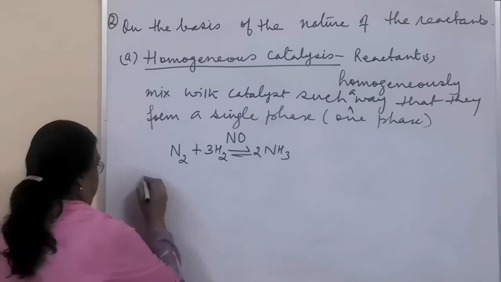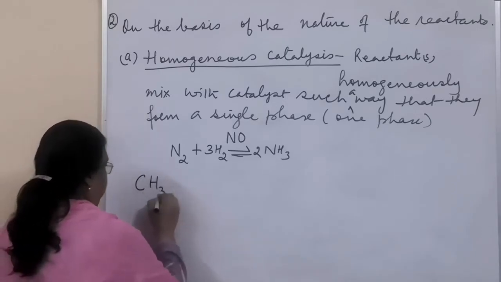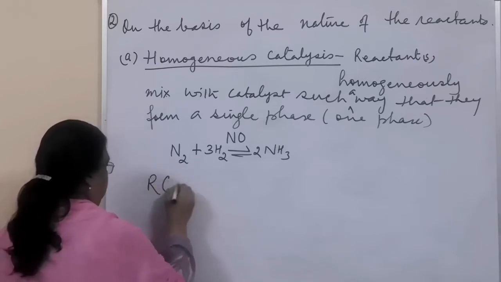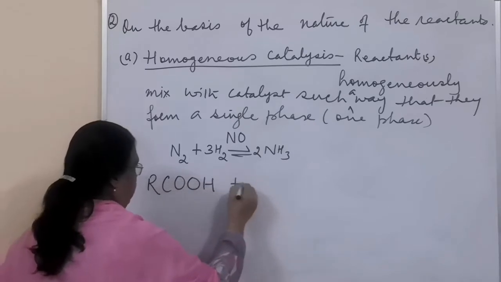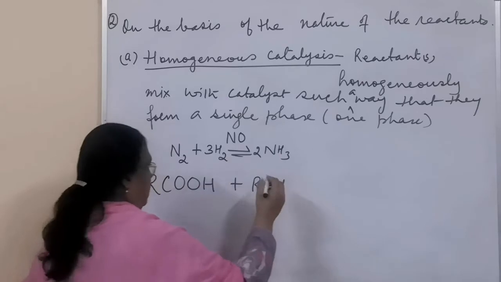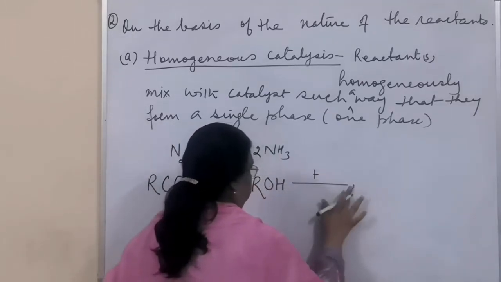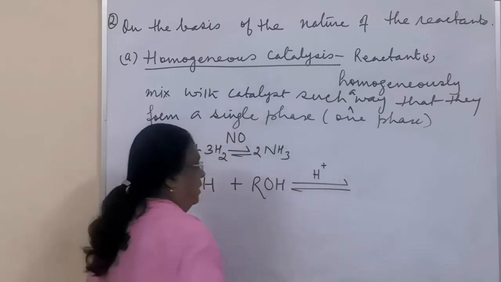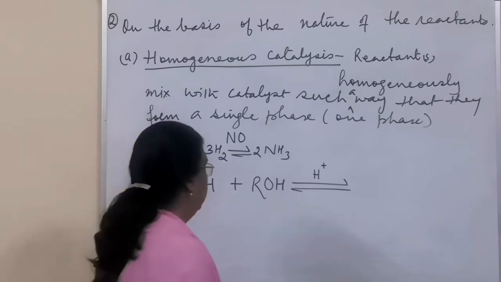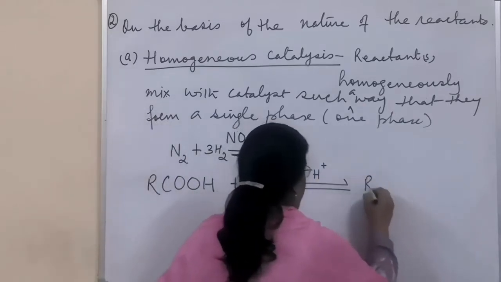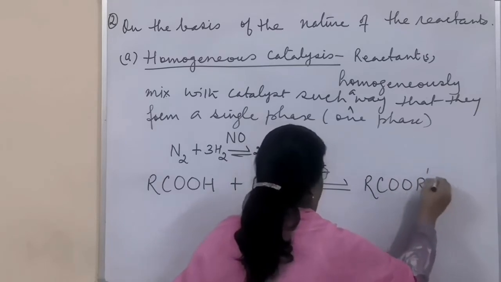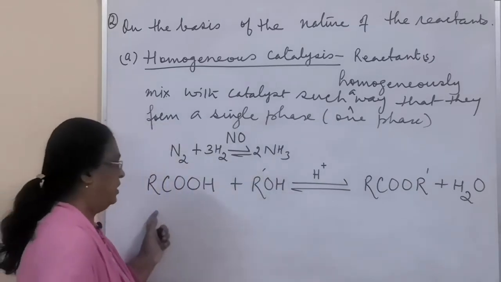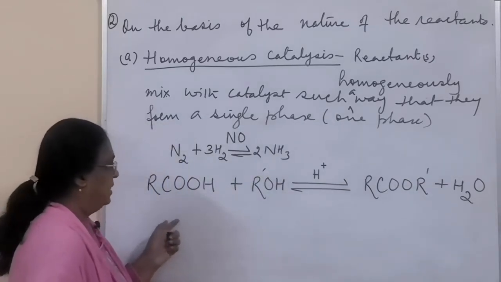Another common example is ester: carboxylic acid combining with alcohol, this reaction is reversible, in the presence of mineral acid, normally H2SO4 is taken, and we obtain RCOOR' and water.